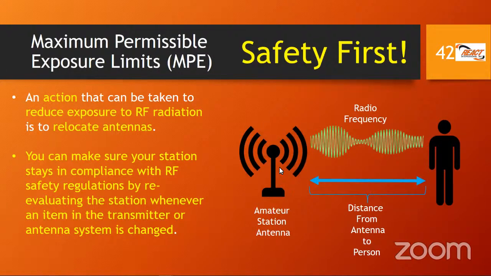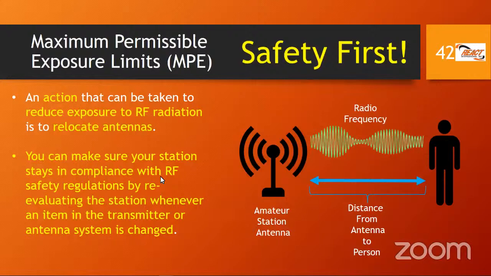Well, one thing we could do is simply to relocate the antennas. Put it higher, shift it left, shift it right, so that we will not be close enough to the antenna. And that's this first point, that an action that can be taken to reduce the exposure to RF radiation is simply to relocate the antenna, move it further away.